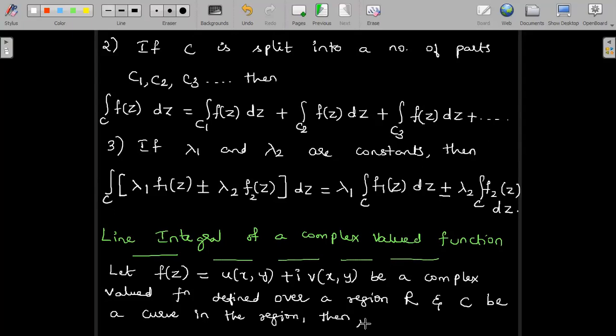Then we can have the integral over C of f of z dz with respect to x and y.